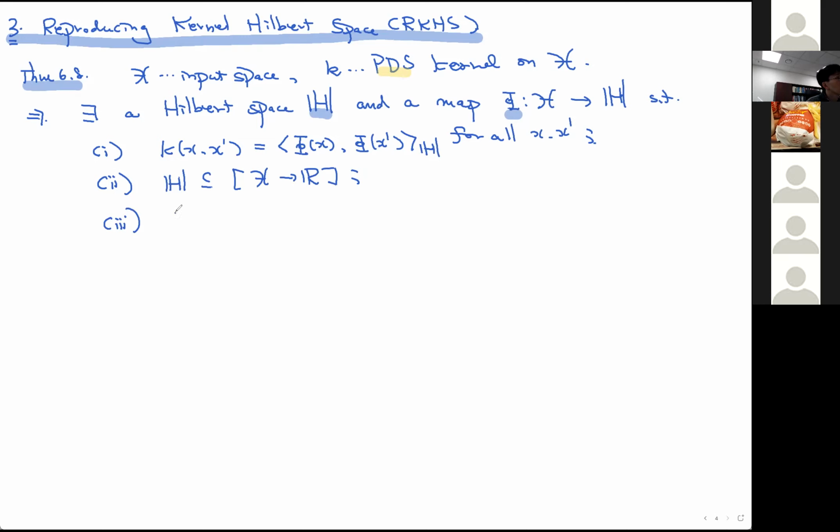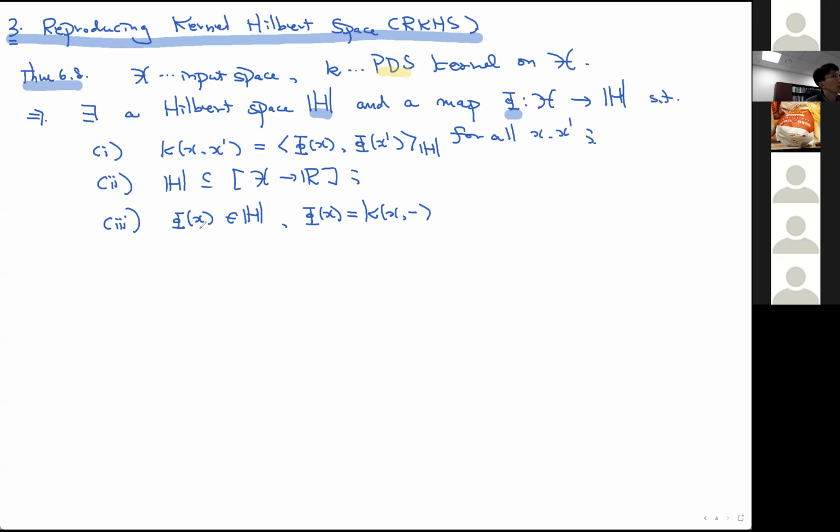The third one says how phi of X actually looks. It has to be an element in H, which is another function. Phi of X is actually applying this kernel K partially. If you only apply kernel K with the first element, then it's going to be a function on the second element.